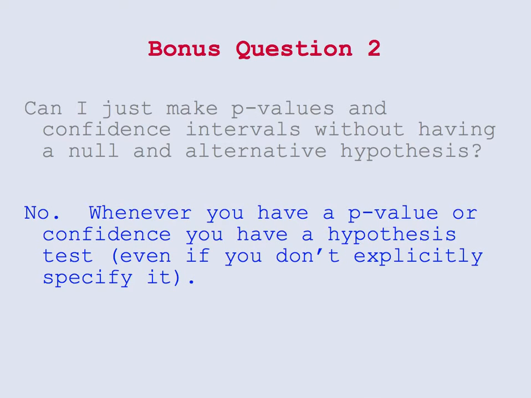The answer, of course, is no. From a mathematical point of view, whenever you have a p-value or a confidence interval, you have a hypothesis test. And even if you don't explicitly specify it, even if you're not aware of it, there is a null and alternative hypothesis associated with that test.